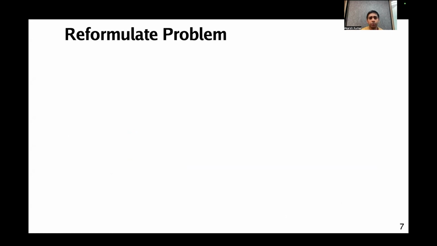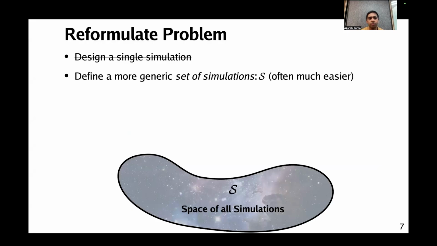So I want to start by reformulating the problem. Instead of designing a single simulation, what we're going to do is allow the researcher to define a more generic set of simulations. And this is often much, much easier than designing a single specific simulation. You can imagine this is the difference between designing that periodic table that I talked about versus just specifying that there's going to be 100 elements and there needs to be a 100 by 100 interaction matrix and letting the algorithm find the specific interactions.